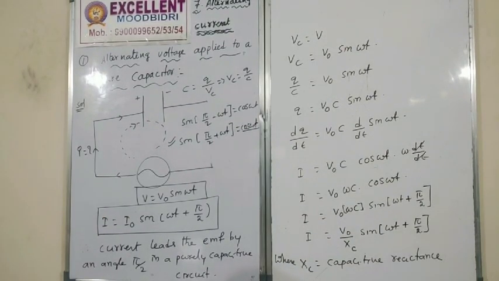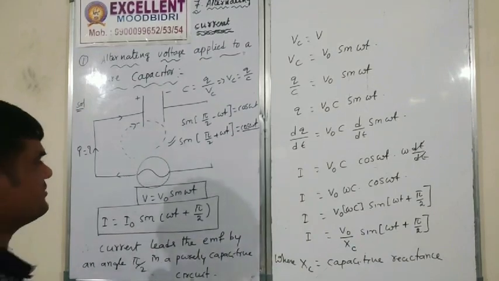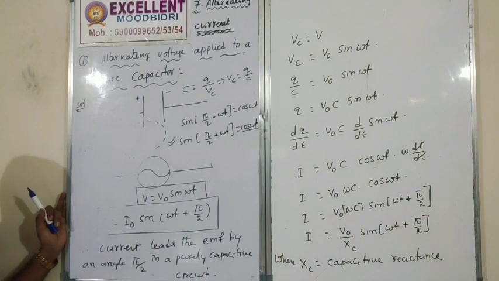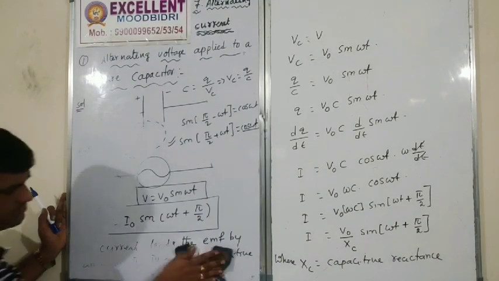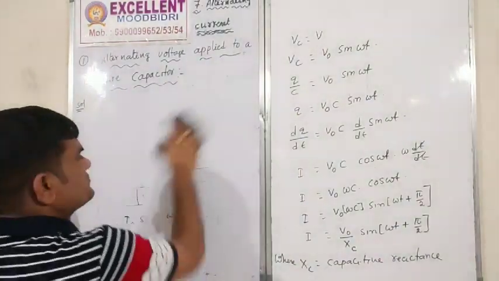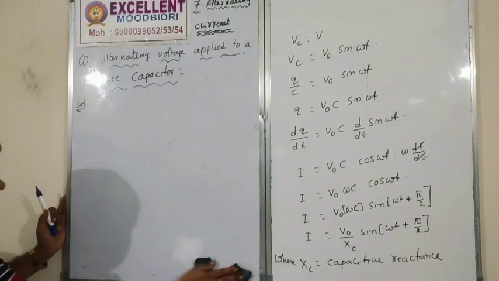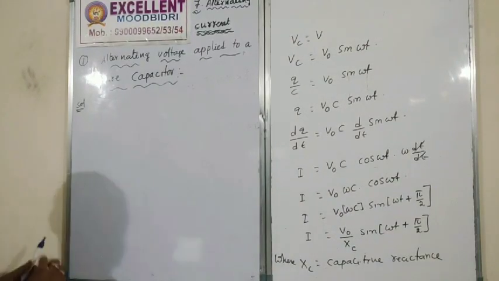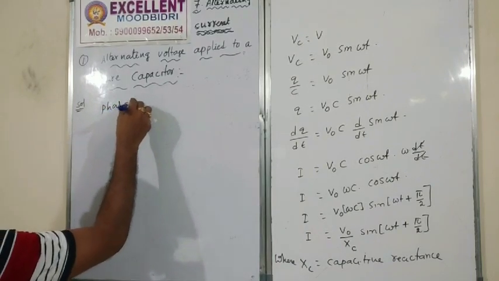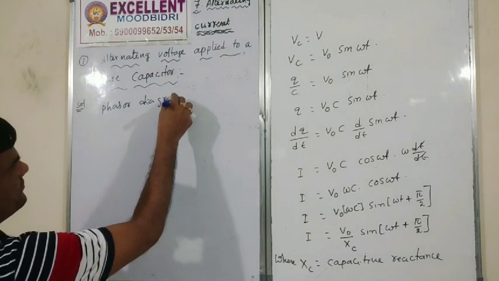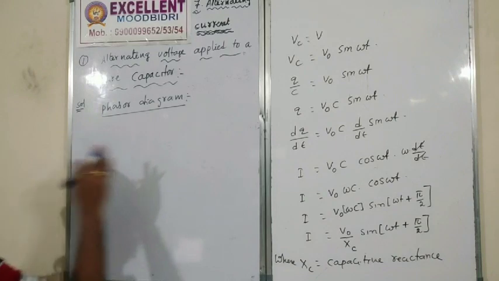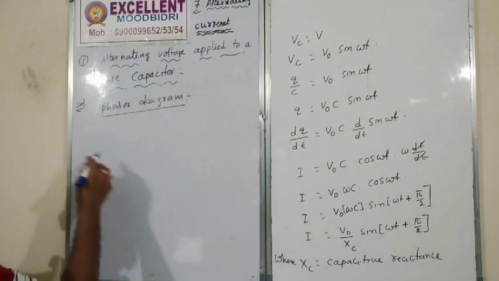Now the phasor diagram. This is the concept, very important for a 3-mark question. How can we draw the phasor diagram? What is the formula?